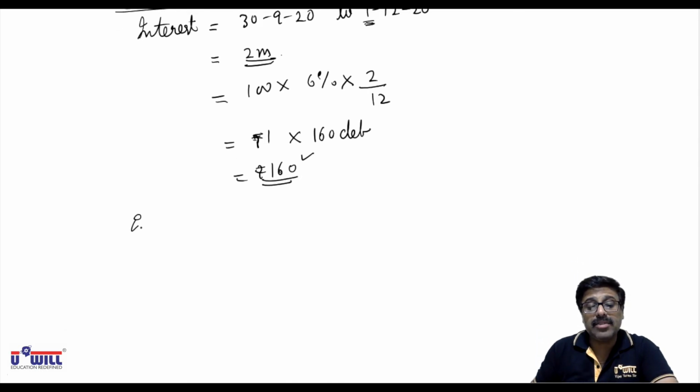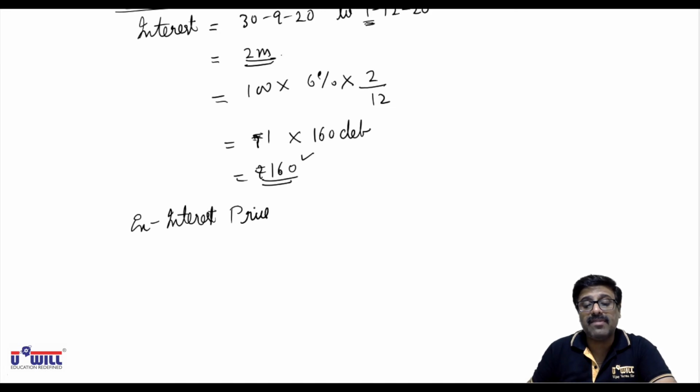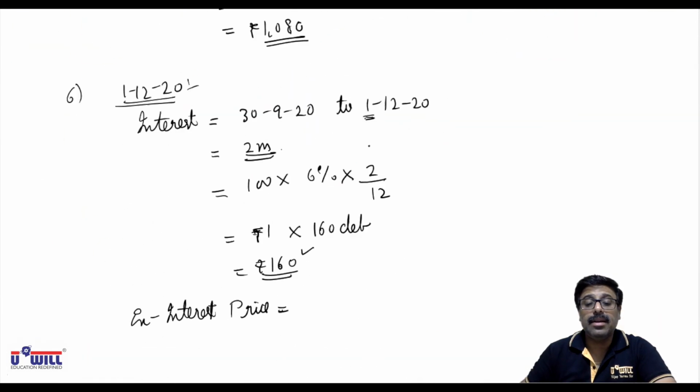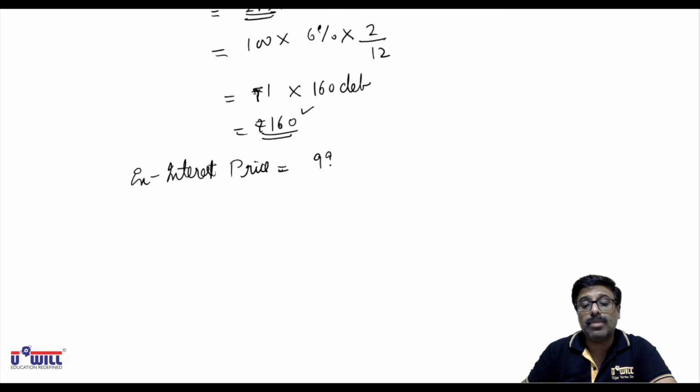Now we are always interested in finding ex-interest price. Are we given directly? No, we are given cum interest 99. So minus the interest, 1 rupee. So ex-interest price is rupees 98 multiplied by 160 debentures sold.